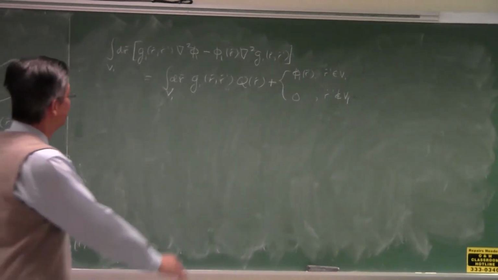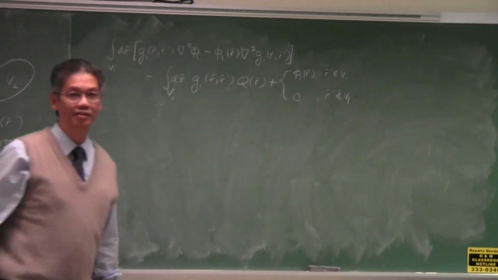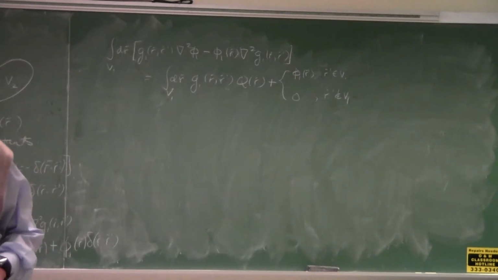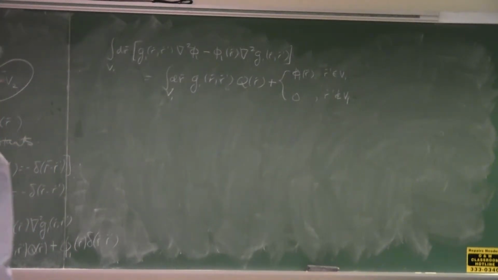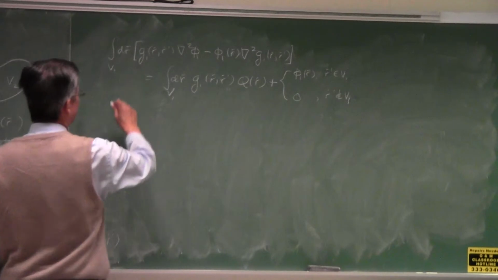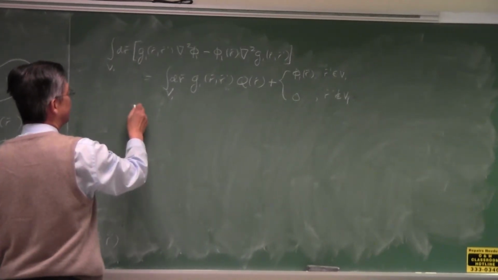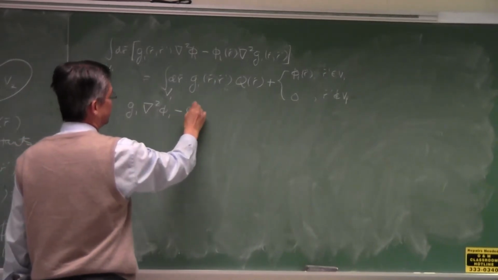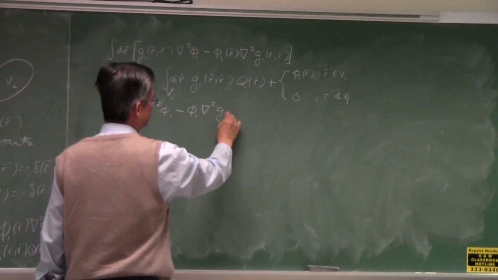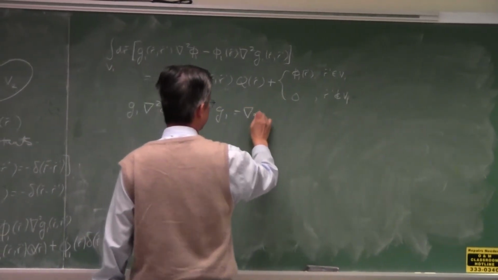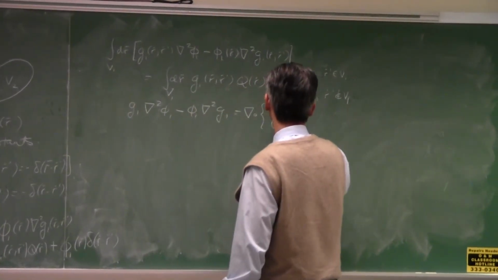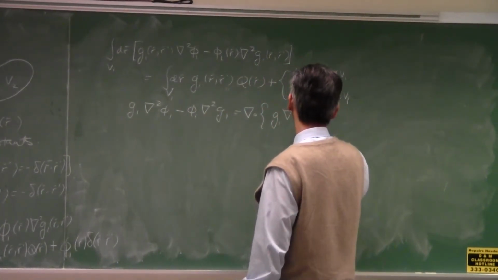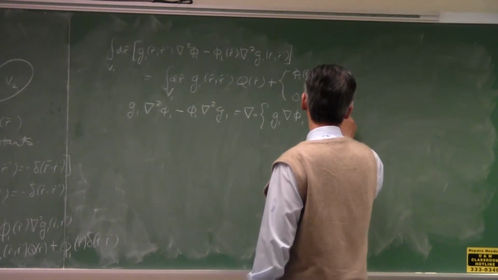And then we have to apply Green's theorem to this. Yes, can I have a question? No. Okay, no question. So we have to apply Green's theorem to this. So we write G1 Laplacian phi1 minus phi1 Laplacian G1 as the divergence of G1 gradient phi1 minus phi1 gradient G1.